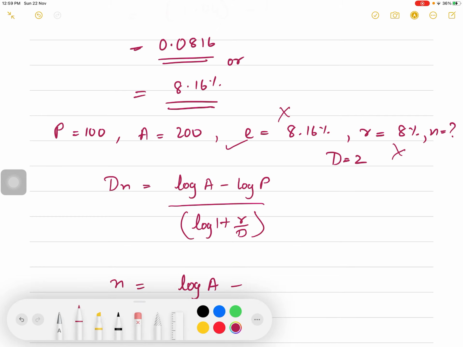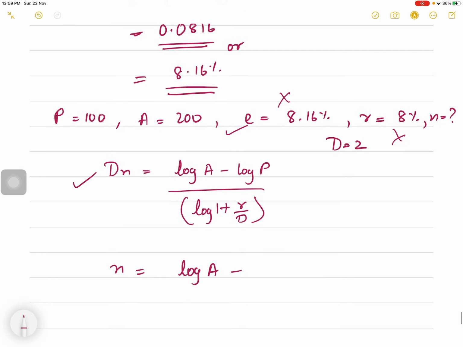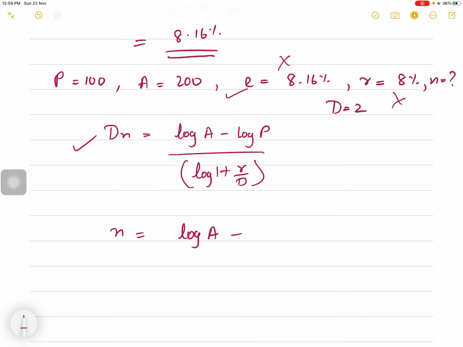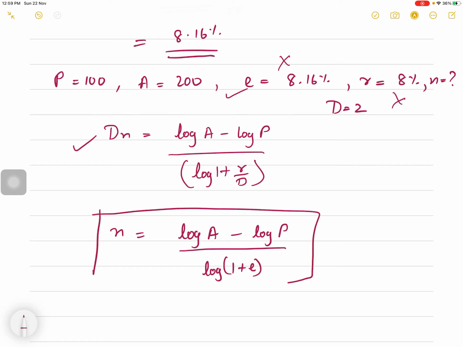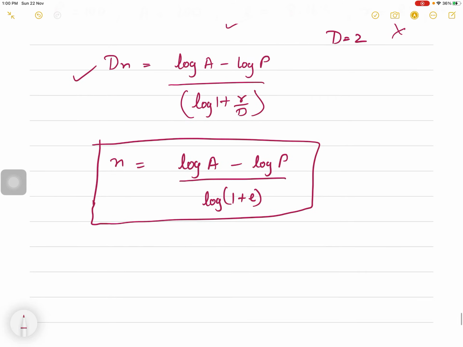In this problem you can use any formula, okay, but in the exam there can be a situation where E is given and R is not given and you have to find period, you have to find N. So in that case there is a new formula, which is N is equal to log A minus log P divided by log of 1 plus E. Okay, this is the new formula. Please note this formula.